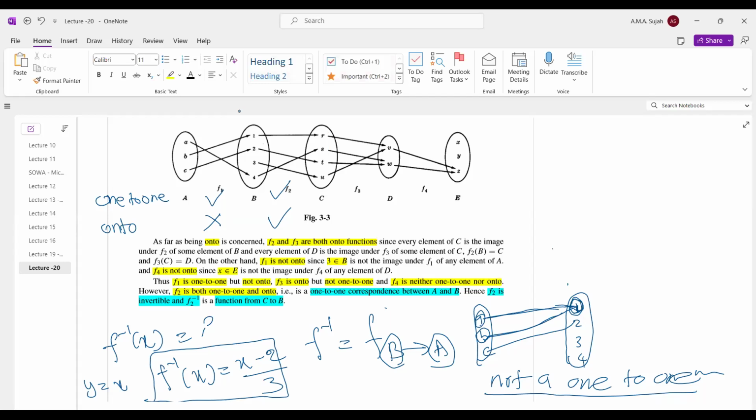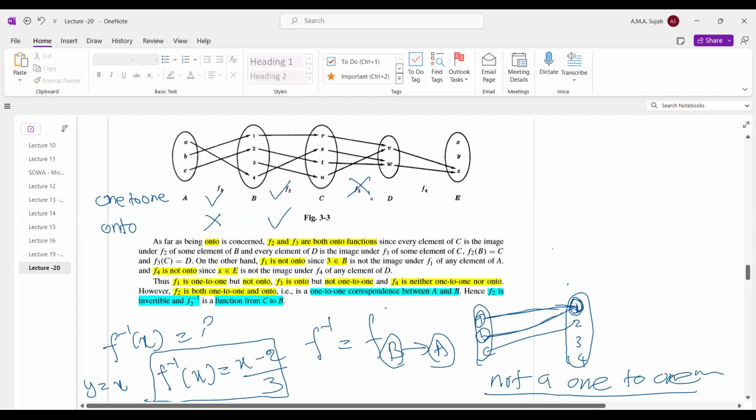How about f3? What do you think about f3? I'm asking whether f3 is one-to-one or not. Is it one-to-one? What about others? Only one or two people are answering the questions, right? Yes, this is not one-to-one.